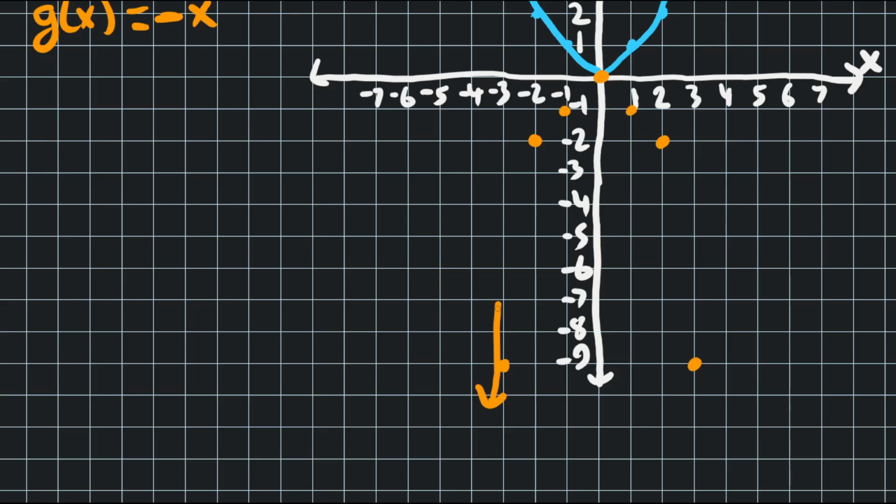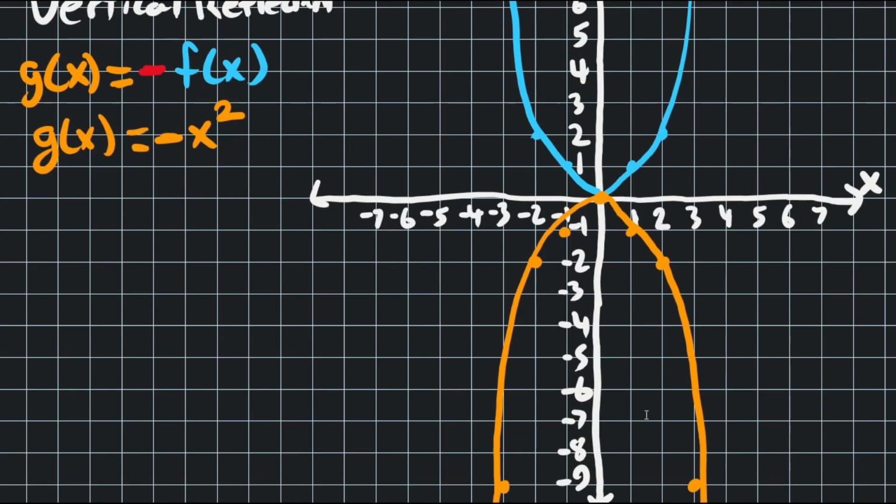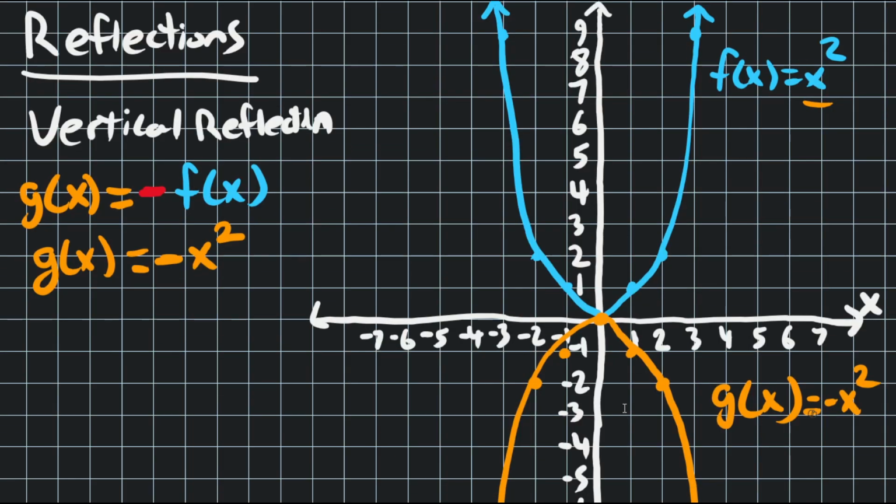And then we have this upside down parabola right here. And there we go. So that's g of x, and g of x equals negative x squared. It is just f of x reflected across the x-axis. So that is how we do a vertical reflection.